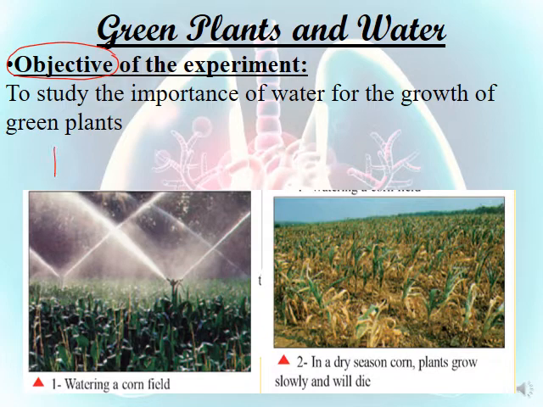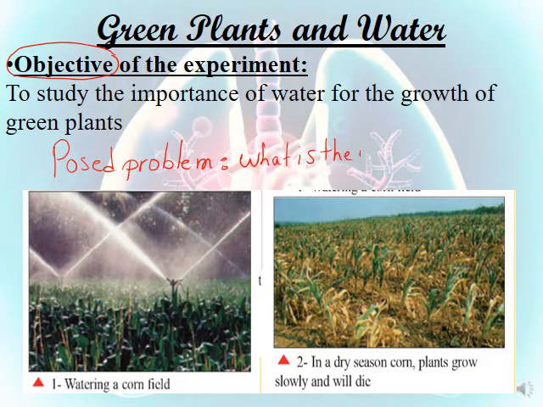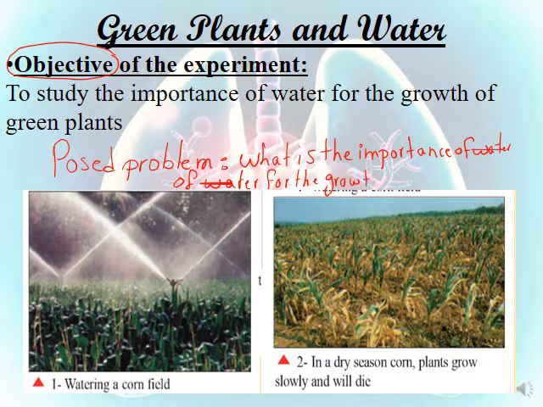If I ask you about the posed problem, the aim is already to study the importance. The posed problem should be in the form of a question. So you can say, what is the importance of water for the growth of green plants?